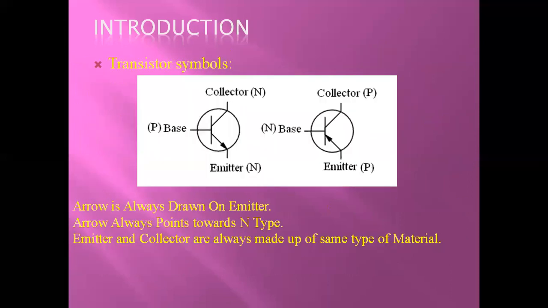Here are the symbolic representations of the PNP transistor and the NPN transistor. The arrow mark indicates the flow of current, and depending upon that, the characteristics can be analyzed by comparing the voltage with respect to base and collector, base and emitter, and emitter and collector, in the case of the NPN also.